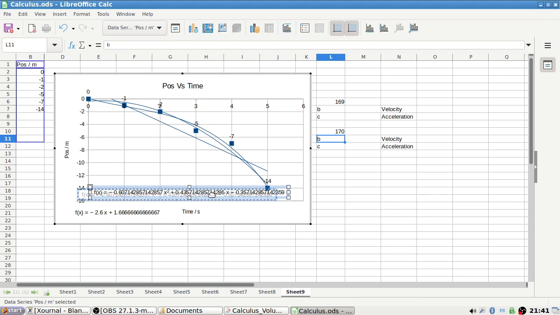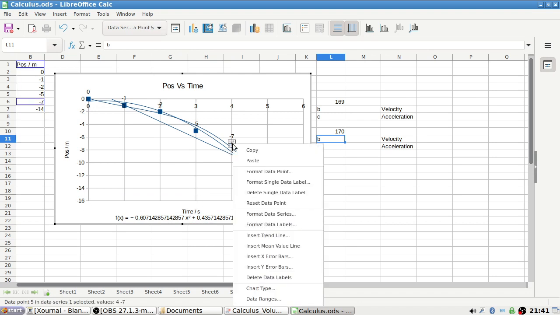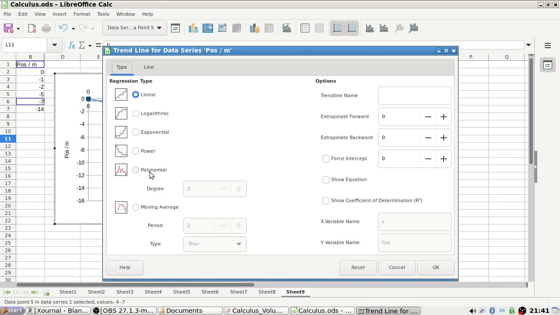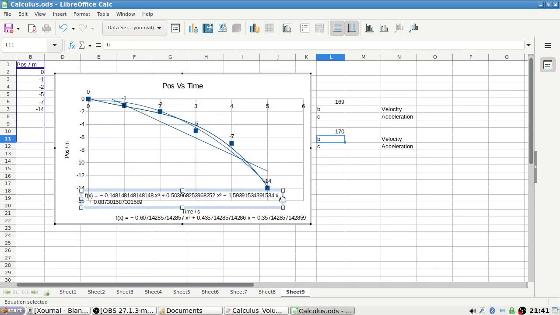Where'd it go? That's the quadratic. That's the linear. I can get rid of that actually. Let's try this again. Oh, yeah, actually I didn't mark the show equation, did I? Okay, there it is. Oh yeah, it's a bit long, huh? Okay.